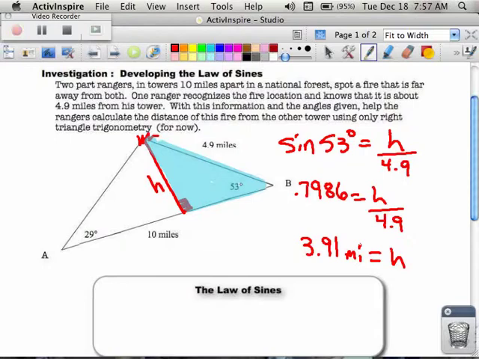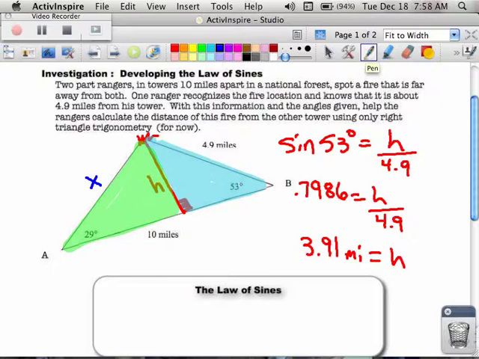Now if I wanted to, what I could do then is I could find out how far this distance is, and we can call this distance maybe x, because now we have a different triangle. We have the left-hand triangle right here in green. And in that triangle, I can set up a similar ratio as I did before, but now I have a different angle.